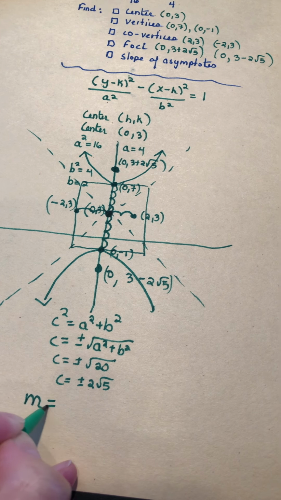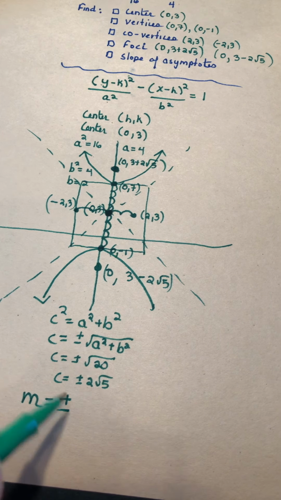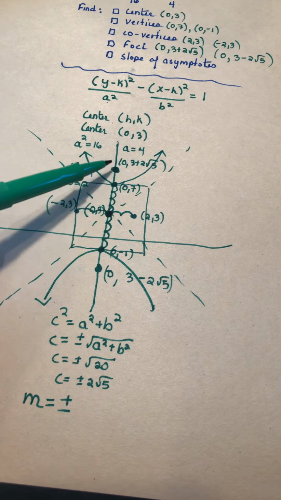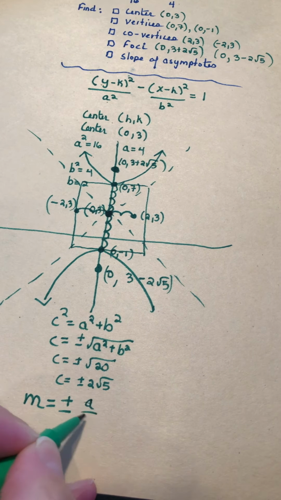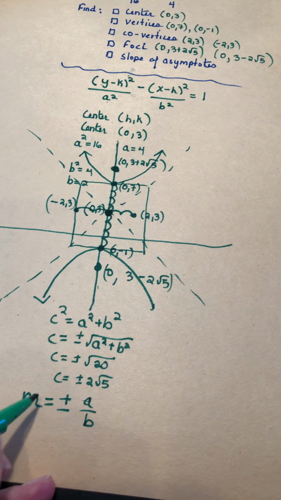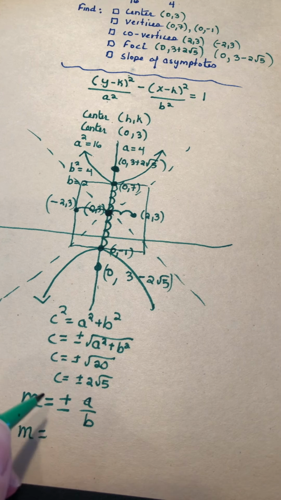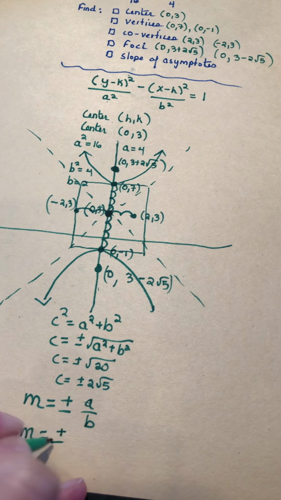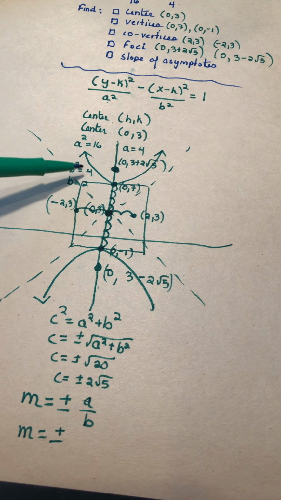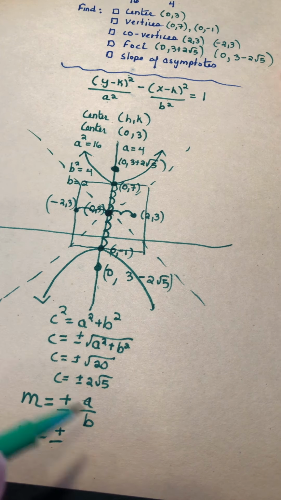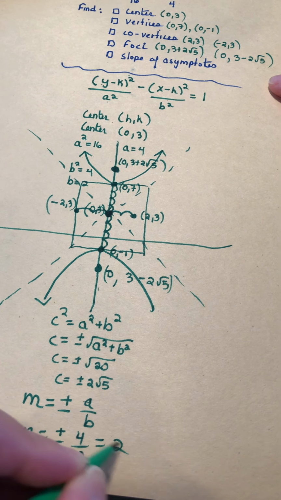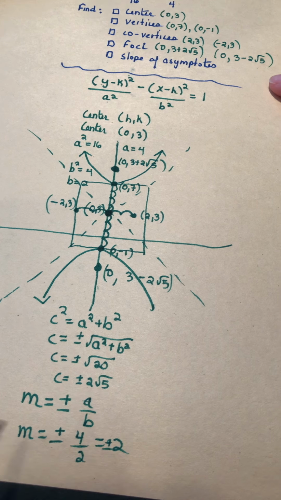Slope is rise over run. I'm going to have a plus and a minus. And in this case, my rise is a, my run is b, because I'm going vertically a units, horizontally b units. And so what are those letters? a is 4, b is 2, but 4 over 2 is just 2.